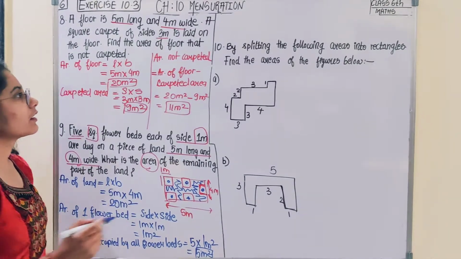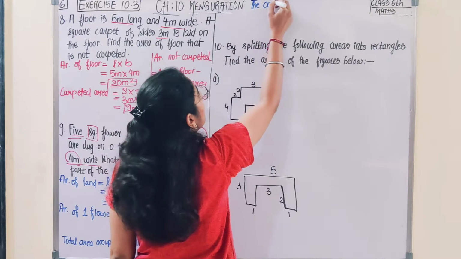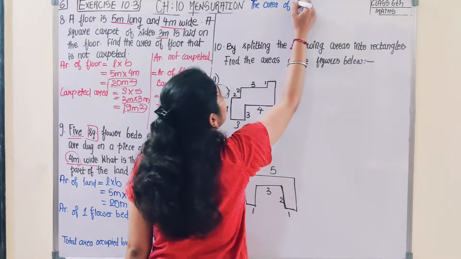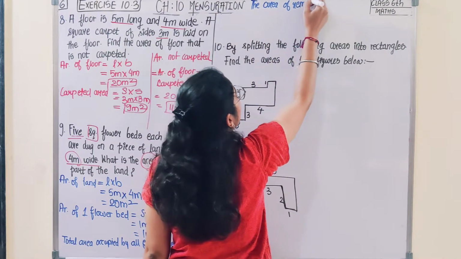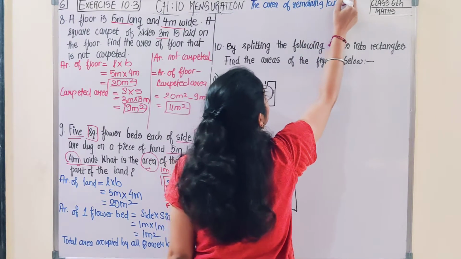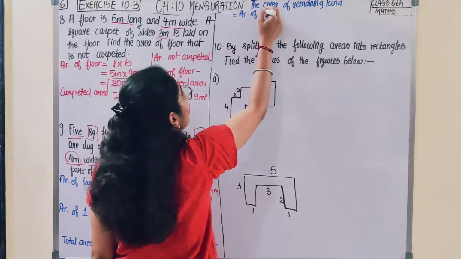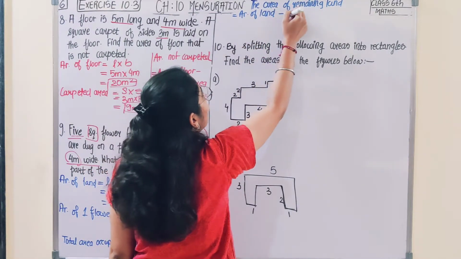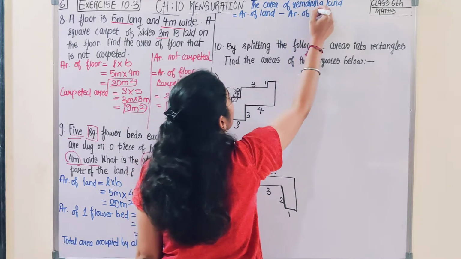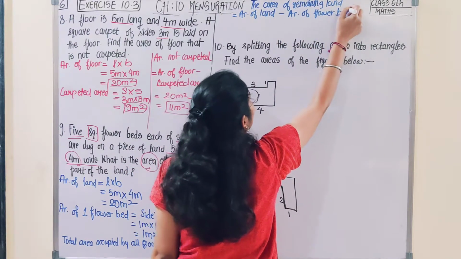तो the area of remaining land is equal to area of land minus area of flower beds. कितने flower beds? 5, है ना.